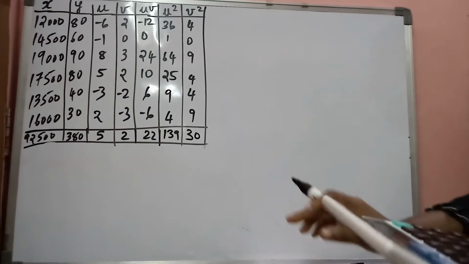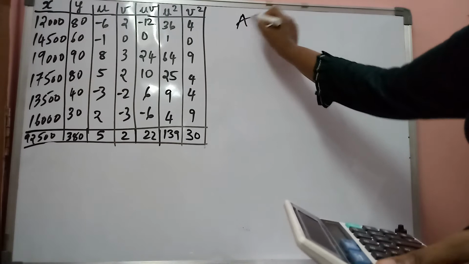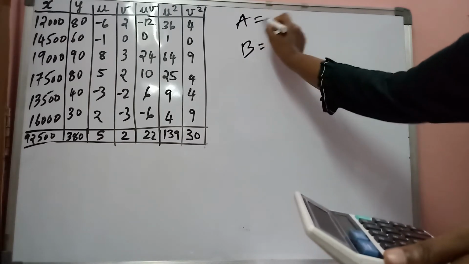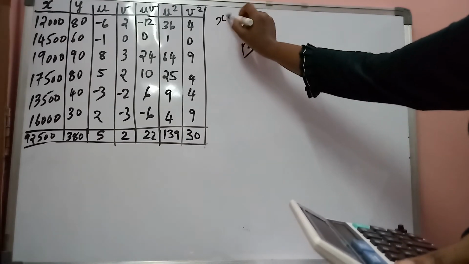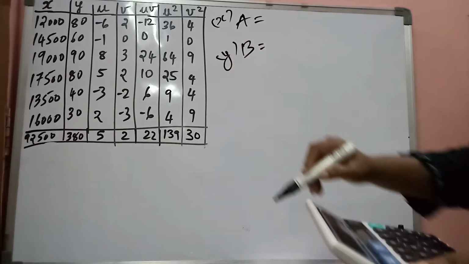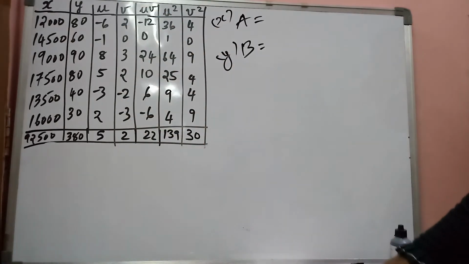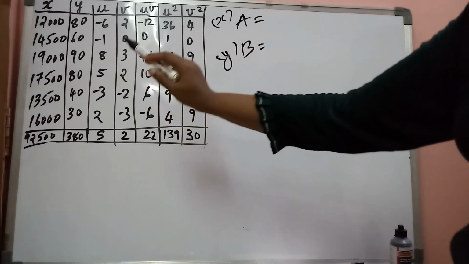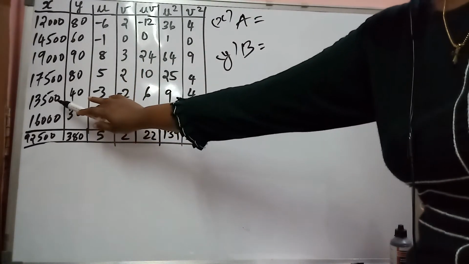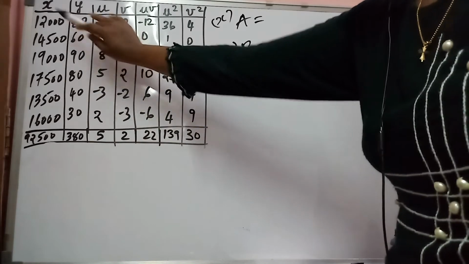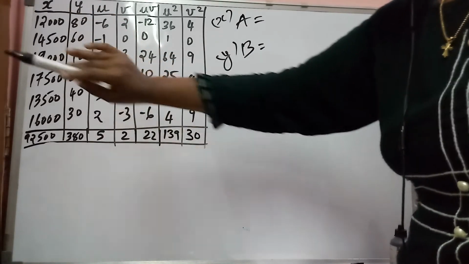So for that you have to take the assumed values a and b. So for the x variable we have a and for the y variable we have b. You can take any number. You can see the smallest number is 12,000, and your highest value is 19,000.